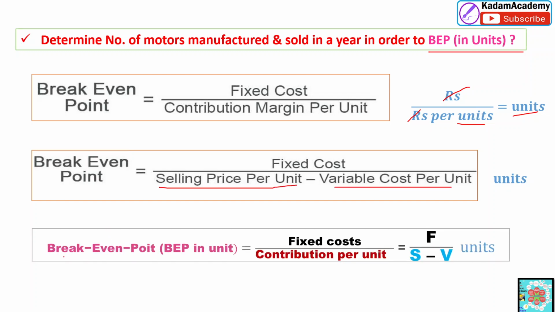So BEP in units equals F upon S minus V, where F is the fixed cost, S is the selling price per unit, and V is the variable cost per unit.